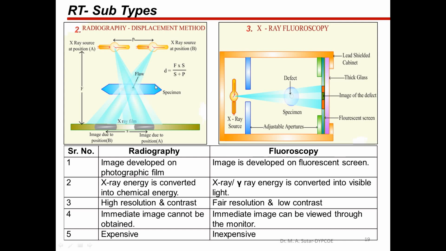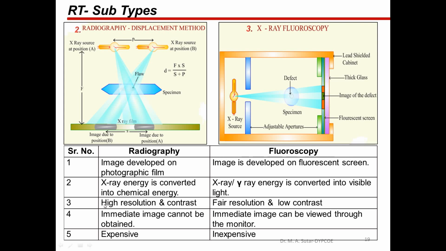So what is the difference between radiography and fluoroscopy? In case of fluoroscopy, a fluorescent screen is used. In case of radiography, photographic film is used. The image is recorded on the photographic film in one case, and here it is recorded on the fluorescent screen.